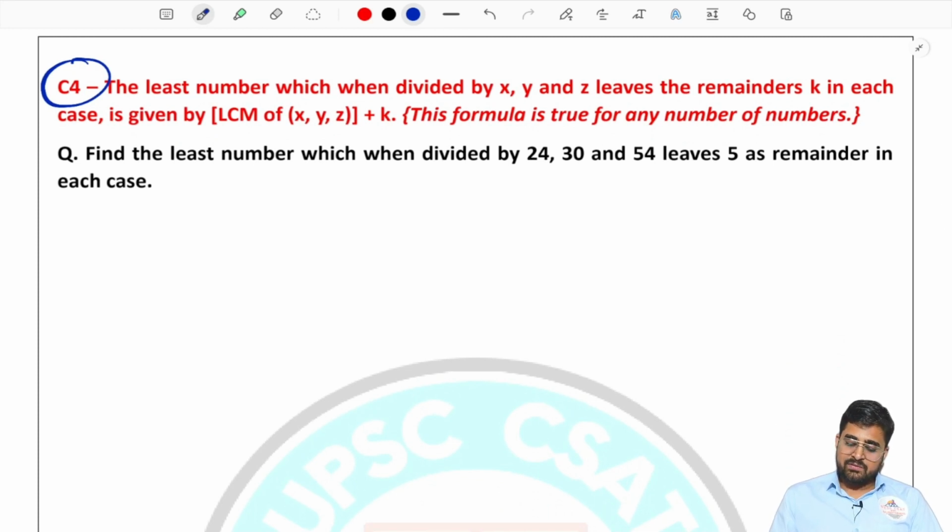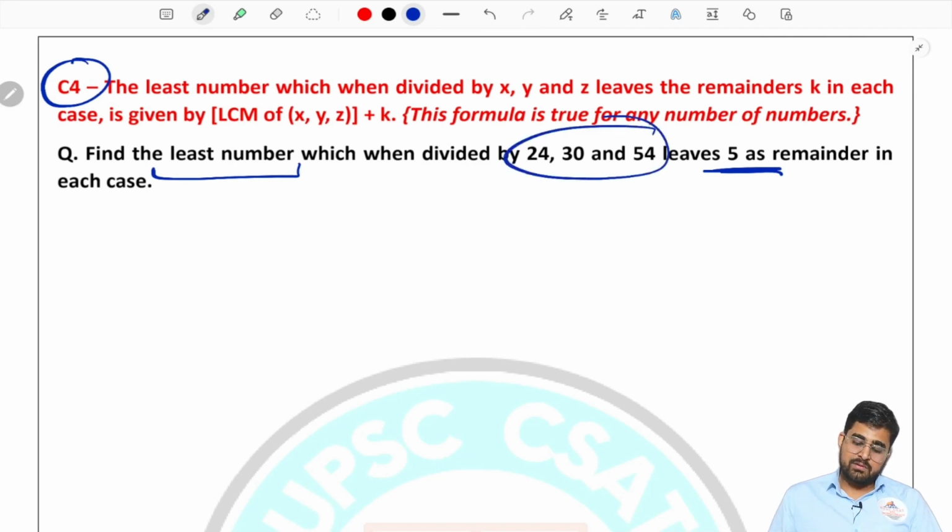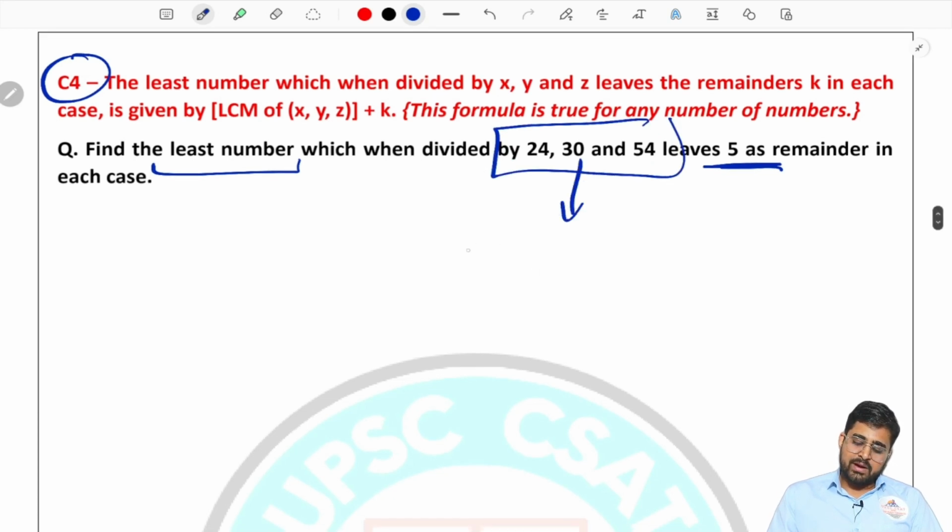Find the least number which when divided by 24, 30 and 54 leaves 5 as remainder in each case. Now 5 is a common remainder in them. They are asking us to find the least number which when divided by these leaves remainder 5. If we use the LCM, we get a number completely divisible by these numbers.